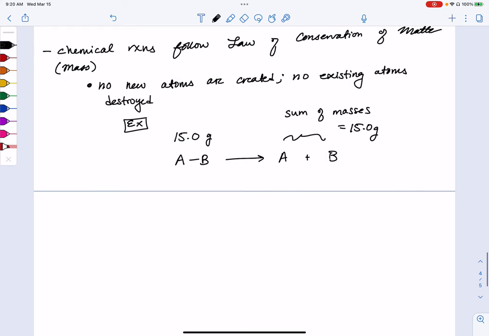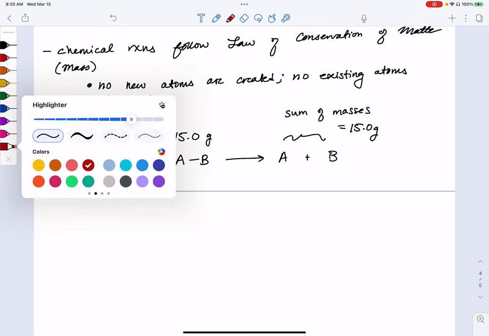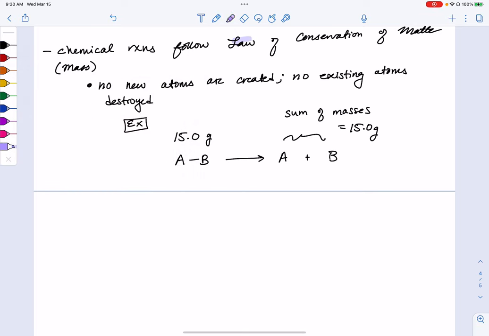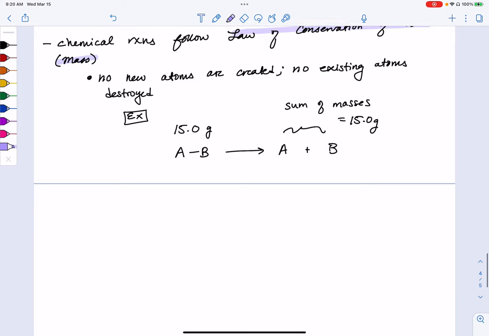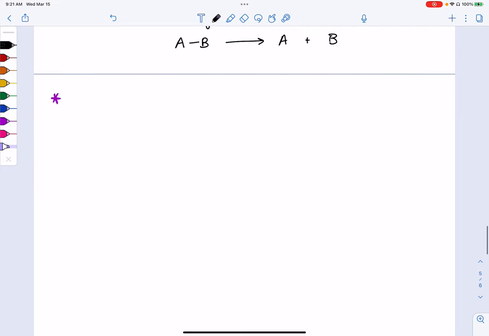So when it comes to chemical reactions following this law of conservation of matter, or law of conservation of mass, there's something that we need to check for every time we're looking at a chemical reaction.